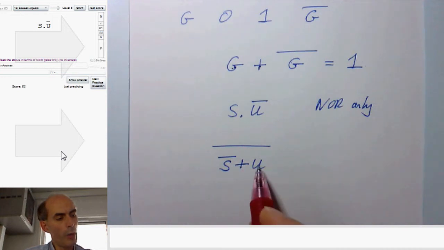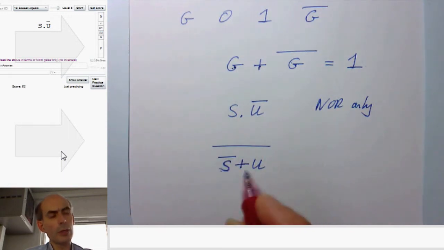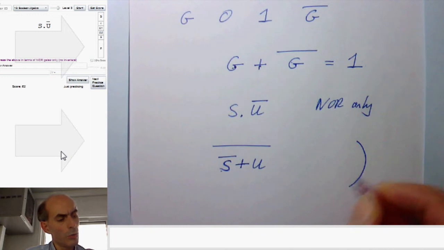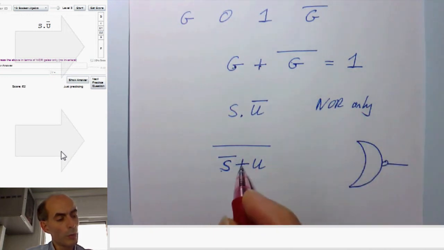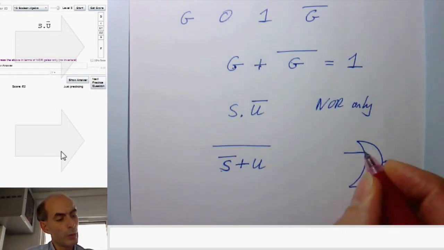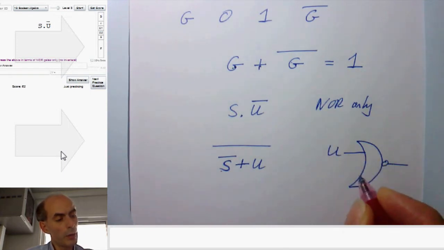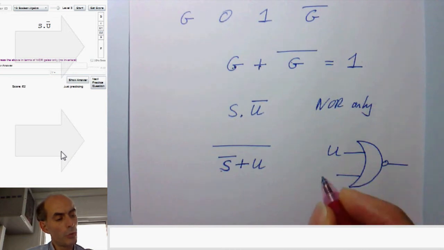And then we've got one NOR gate there, but this is not s. If I was to write that out as a circuit in terms of gates, what that is saying is it's NOR, not OR, of u into one input, and the other input is not s.